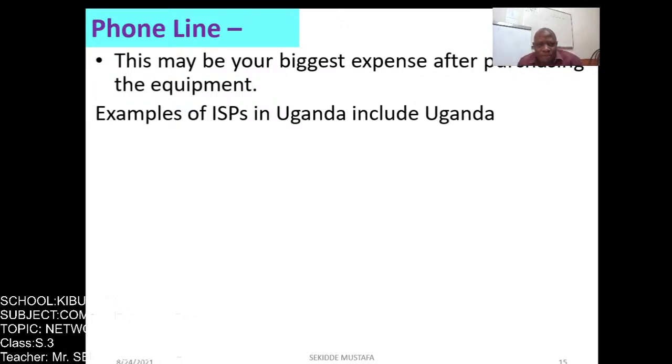Can we look at some examples of ISPs, Internet Service Providers, in Uganda today? Examples, contributions, ISPs, Internet Service Providers.